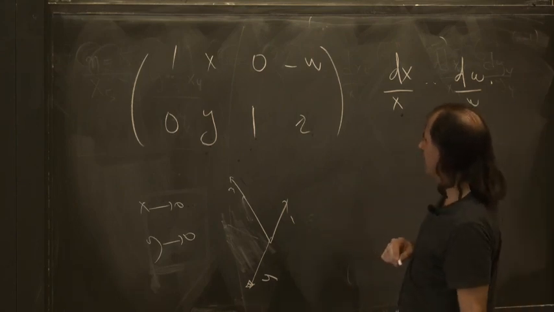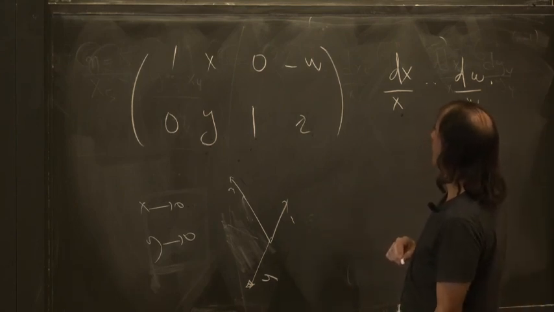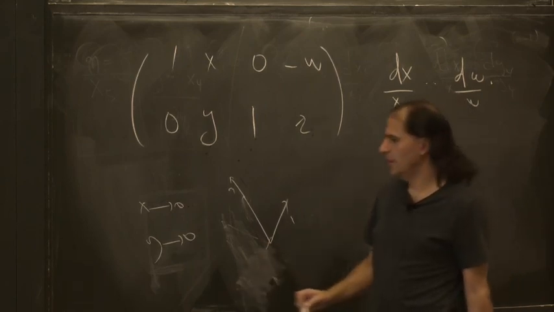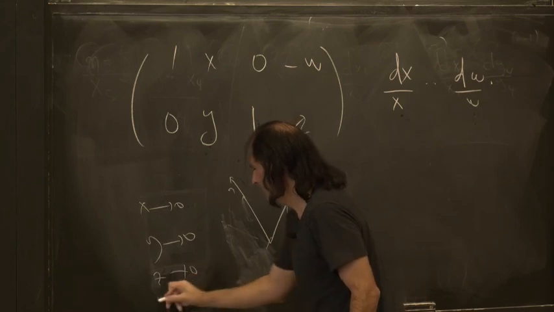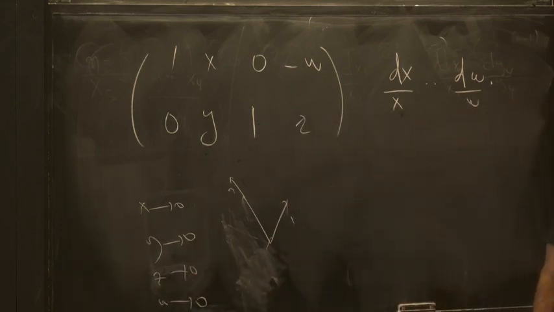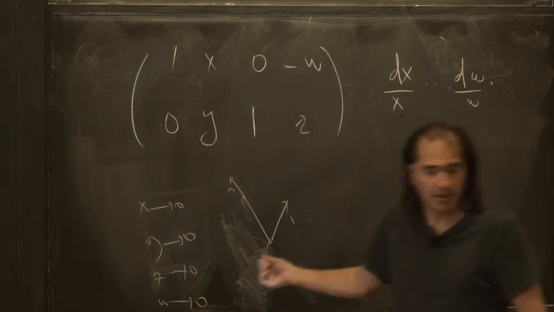And finally, if I send, I don't know, w to 0, it's deleting 4. So there's a sequence of ways of sending x, y, z, w to 0 in many different ways, and we see a bunch of the boundaries of the positive Grassmannian.